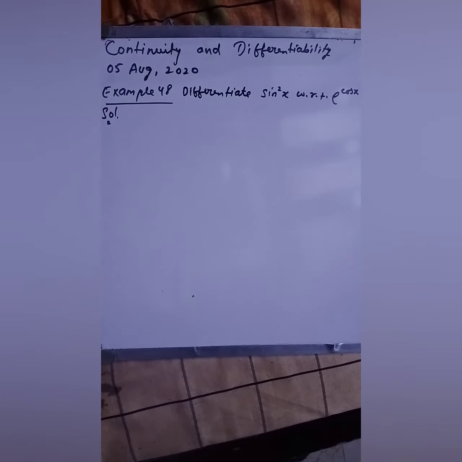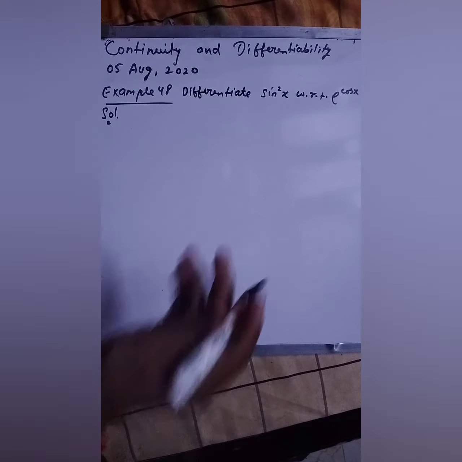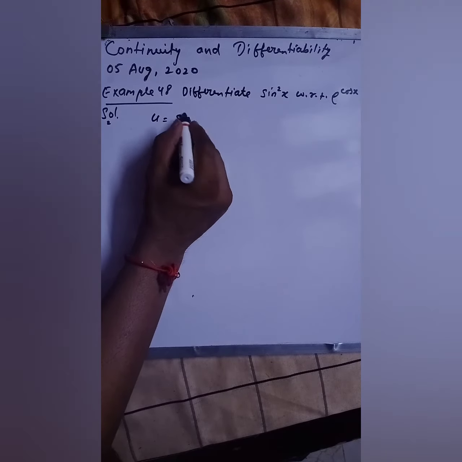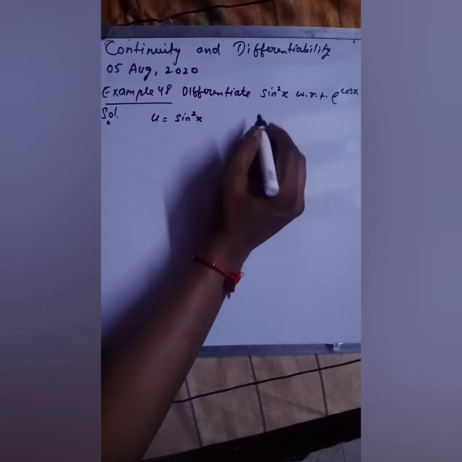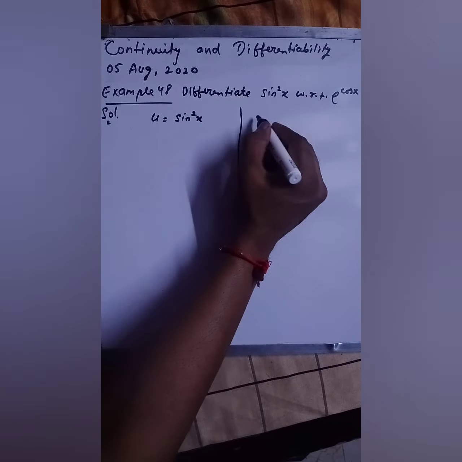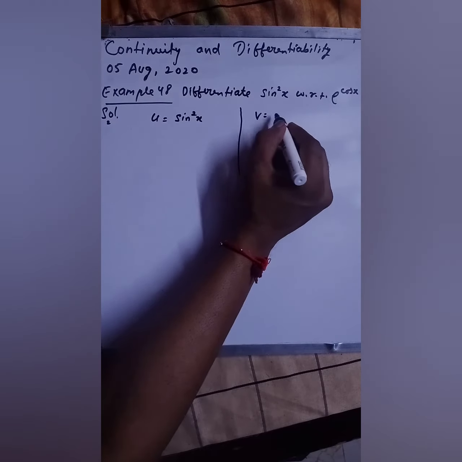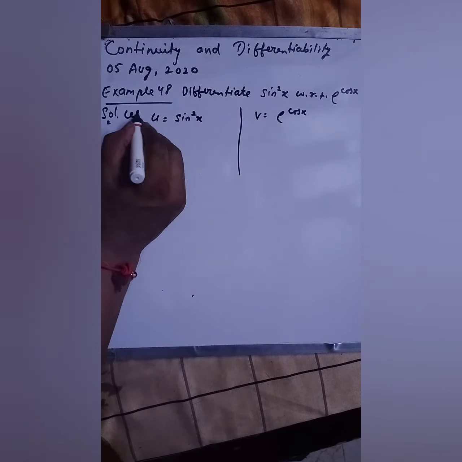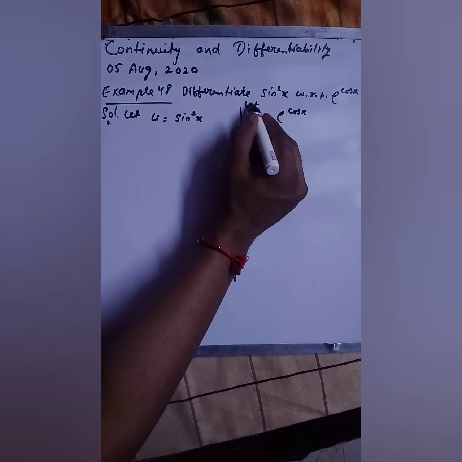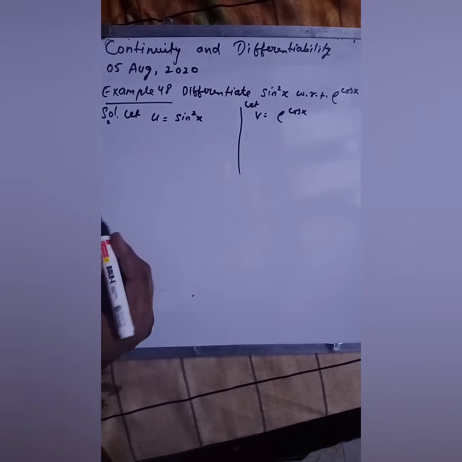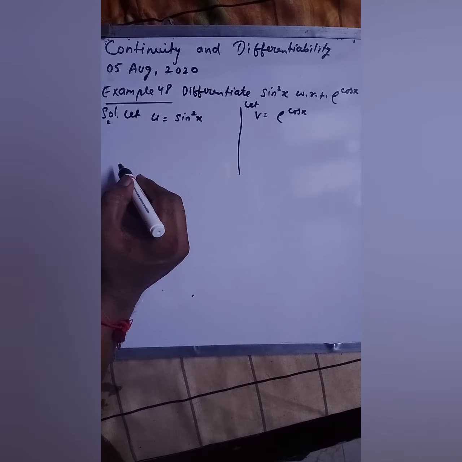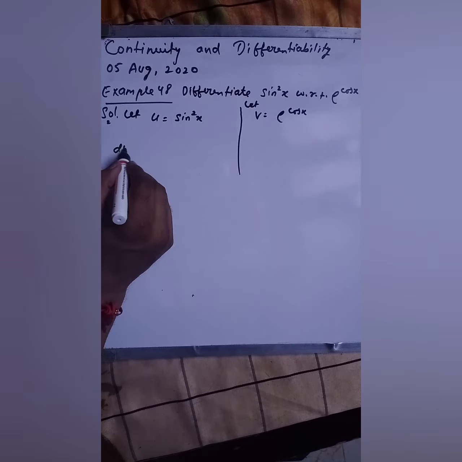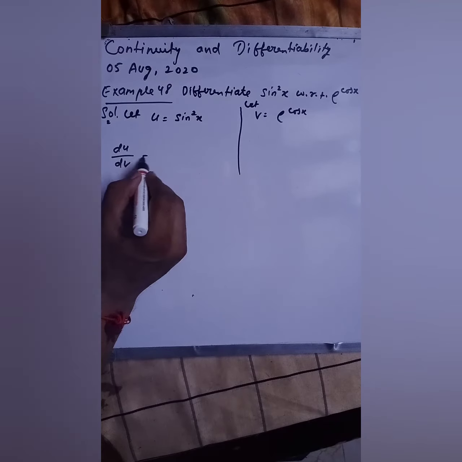In this kind of question, we assume that this is your u, and this is your v. Here we have to find out du by dv.